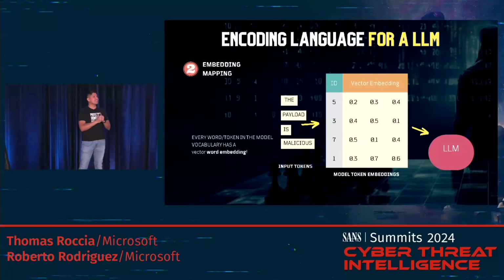Pretty much what's happening here is saying this token that had ID 1, 5, or 7 has these numerical representations that the model is actually going to consume. So you're not sending text directly, you're sending a numerical representation of the text or the question that you might have. And that's what is going to be processed. Understanding these basic concepts of tokenization and embedding is super important with a lot of the use cases that we're going to talk about in a little bit.